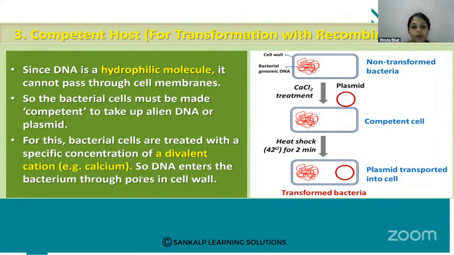Here the DNA is hydrophilic, so because of this, it is treated with the divalent cation, for example calcium. Calcium is Ca2+, so that the DNA enters the bacterium through the pores in the wall. So here you can see the transformed bacteria.